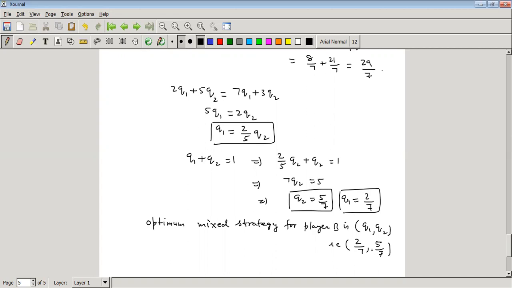It means approximately 70% of the time, player B uses her second strategy, and approximately 28-30% of the time, player B plays this game with the first strategy. Because player B wants to minimize her loss, she tries to play this game with the second strategy, right?